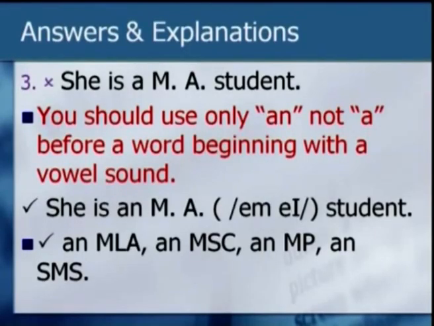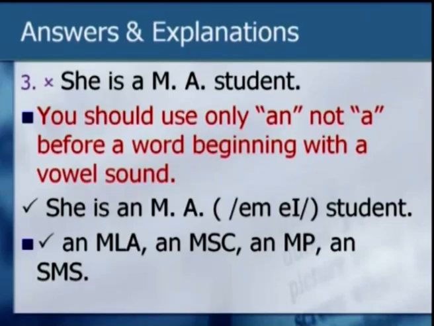Look at another common error that we keep committing when we say MA, MPhil, MLA, MS, etc. The statement given before was, she is a MA student. It's wrong, because you should use between the choice of a and an. You should use only an, not a, before a word beginning with a vowel sound.